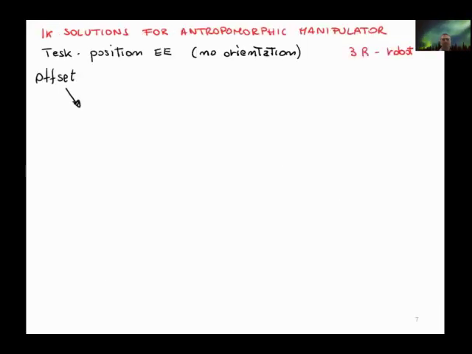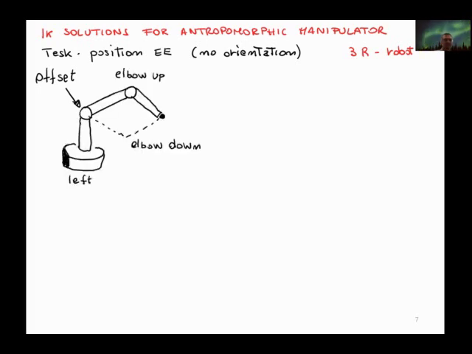Now, let's consider an anthropomorphic manipulator with 3 rotational joints. And for now, consider just the task of positioning the end effector without considering the orientation. So I want to position the end effector here.